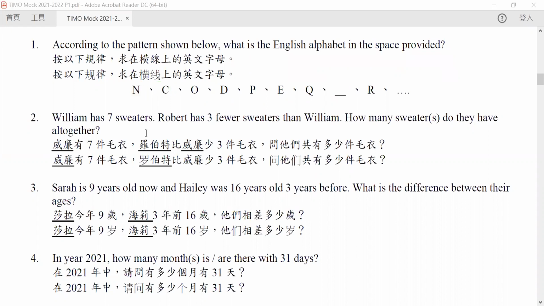William has 7 sweaters. Robert has 3 fewer sweaters than William. How many sweaters do they have altogether? So, just by this statement, Robert has 3 fewer sweaters than William, we can calculate how many Robert has, right? So Robert will have, because it has 3 fewer than William, but William has how many of them?